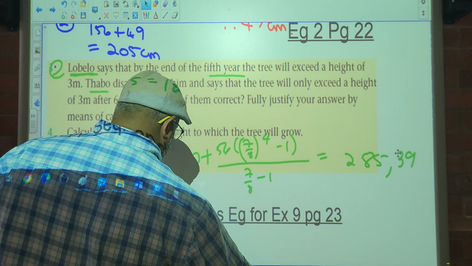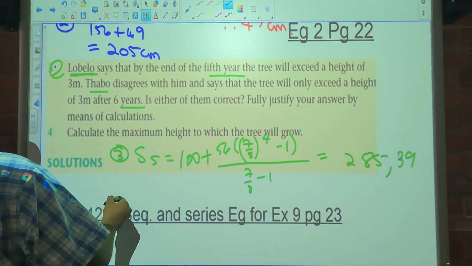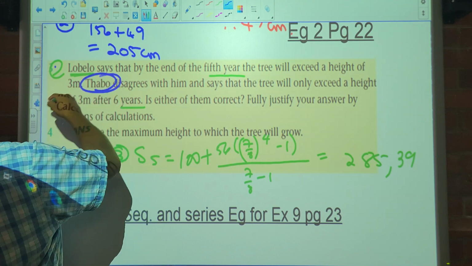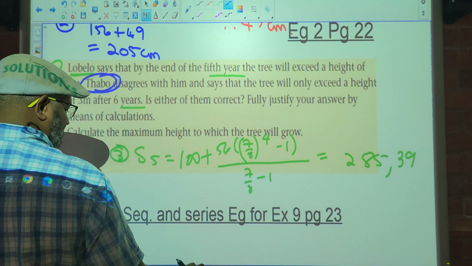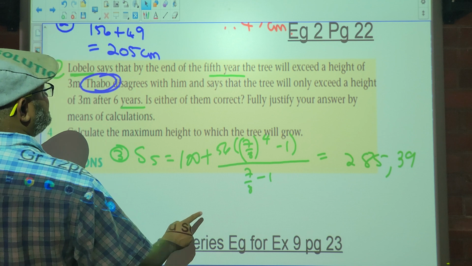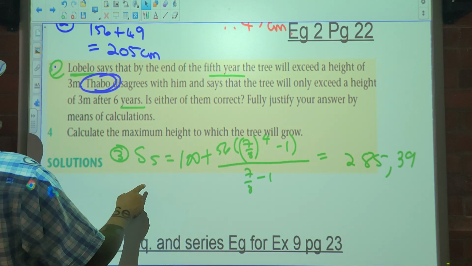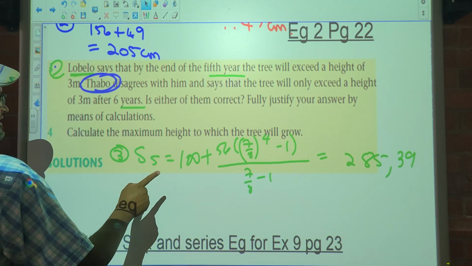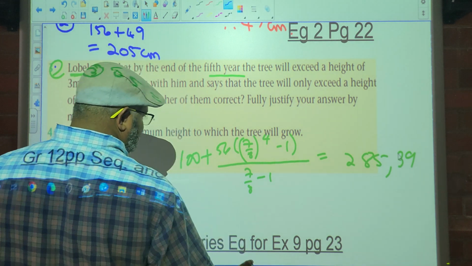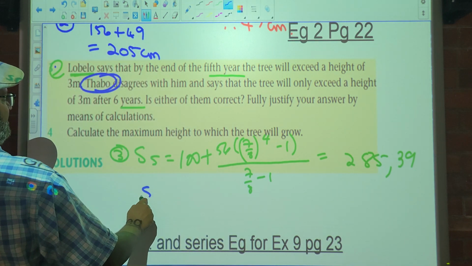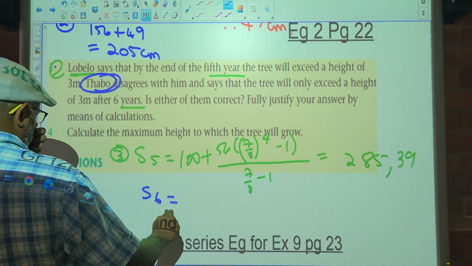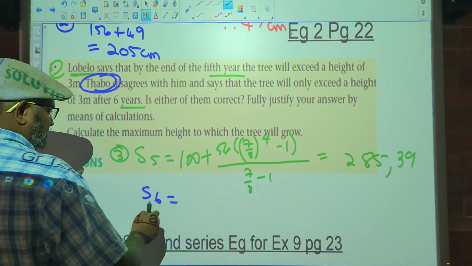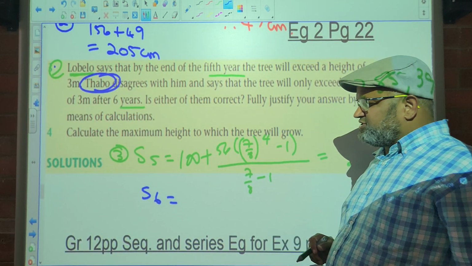So now, if you're looking at Tambo, he says after year 6. So is this first person Lobelo correct? No. So Lobelo is incorrect. If you're going to work a sum of 6 terms, of 6 years, sorry, what are we going to change in this formula here?